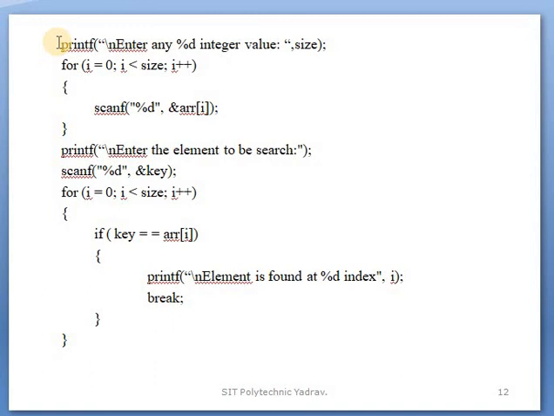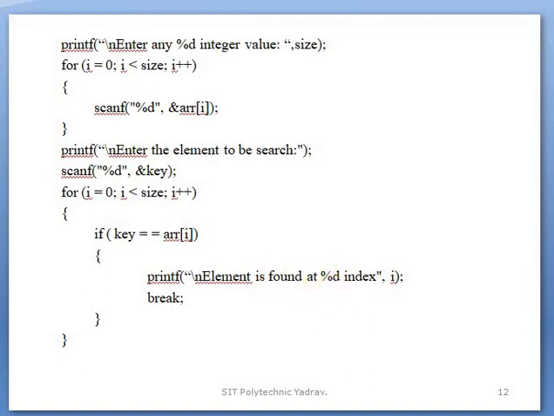In the same way, for enter the element to be searched, only the message is displayed, while the actual result is displayed with percent d, passing the variable i. So there are two uses of printf: one only for displaying a message, and the second for displaying the actual result.